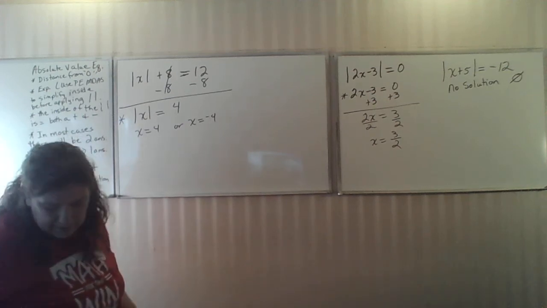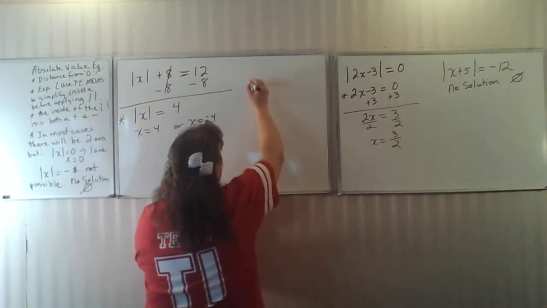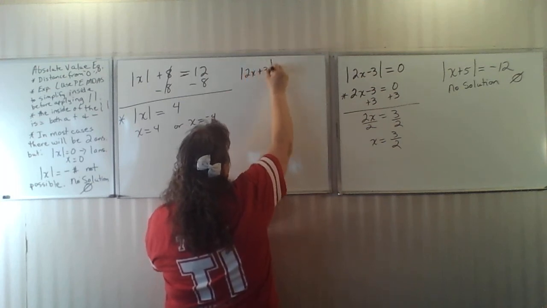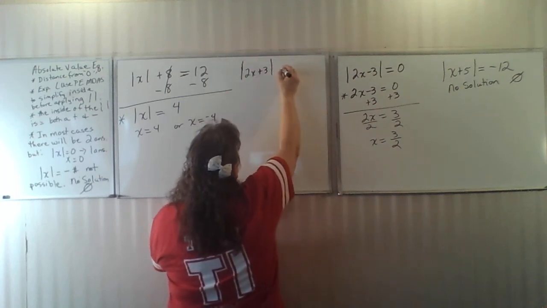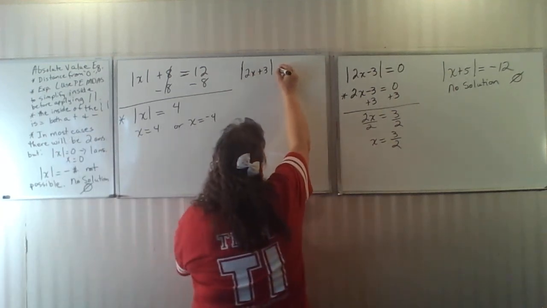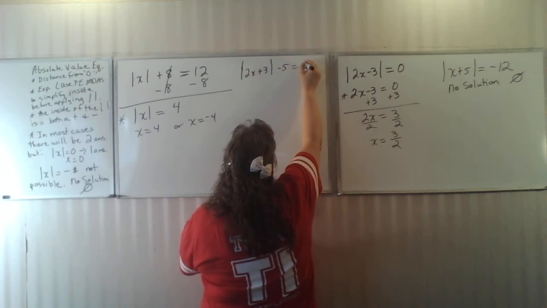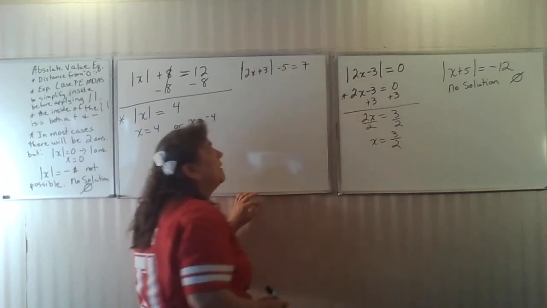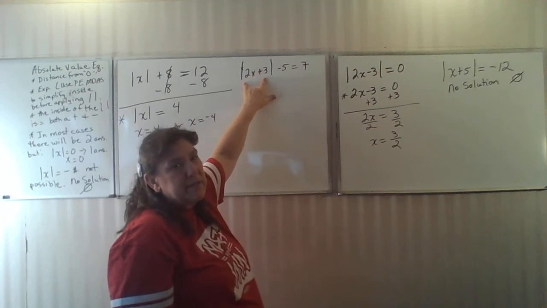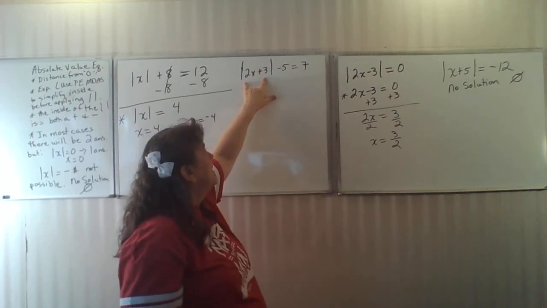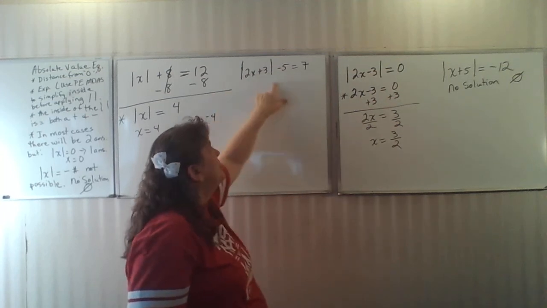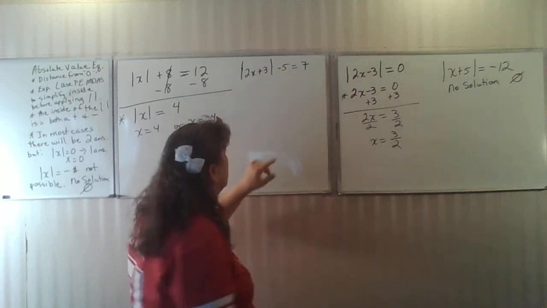So now let's look at another one. Minus 5 equals 7. Okay, again, this is the only part that's inside that has two possibilities. So therefore, the first thing that has to happen is the isolation of that whole expression.